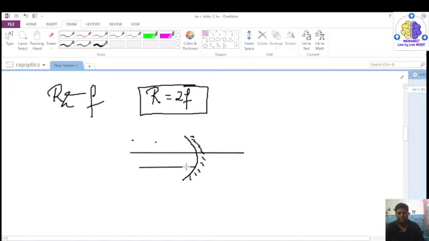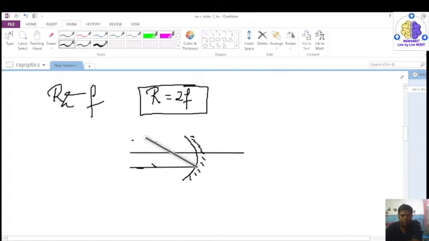A light ray traveling parallel to the principal axis will pass through the focus. So this light ray is passing through the focus.